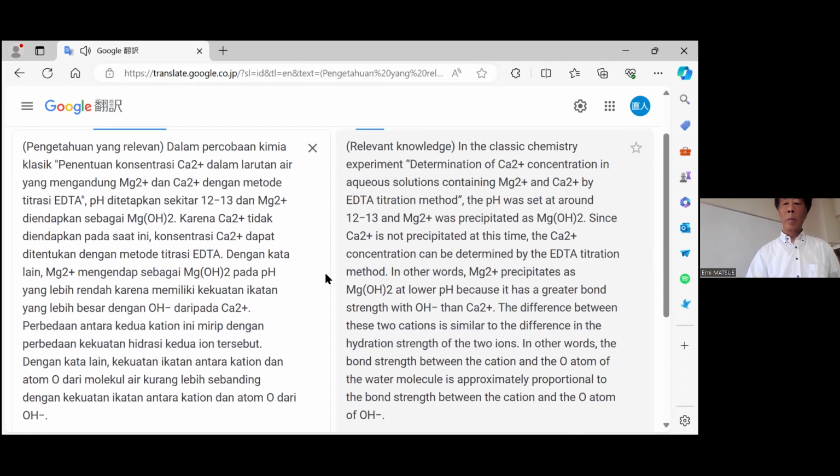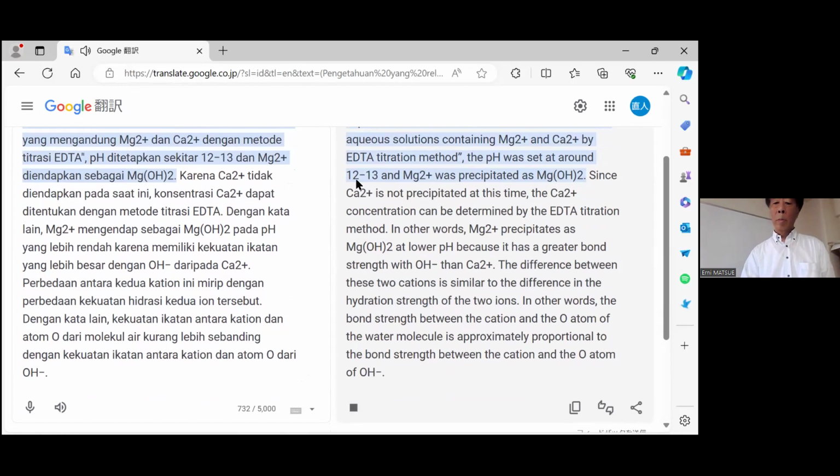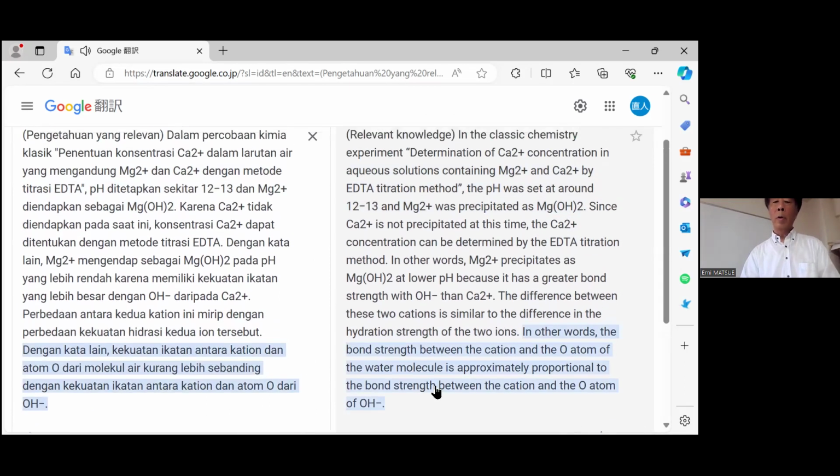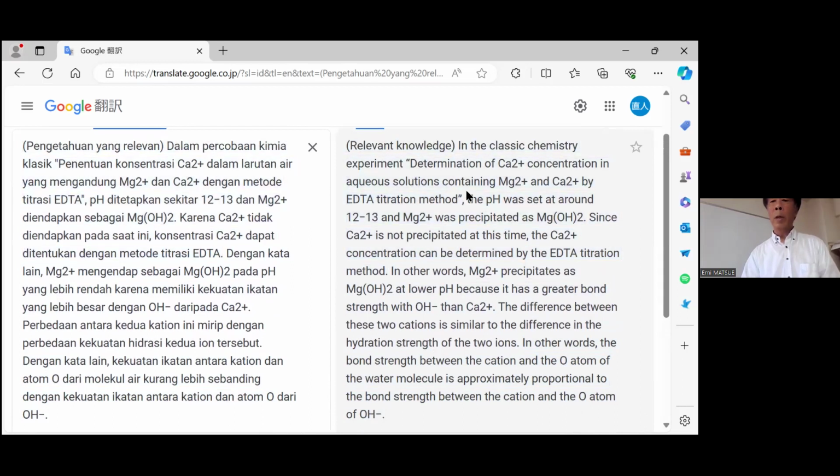Relevant knowledge: in the classic chemistry experiment, determination of Ca2+ concentration in aqueous solutions containing Mg2+ and Ca2+ by EDTA titration method. The pH was set at... Sorry, do we have this experiment using EDTA? Please answer yes or no. EDTA titration for calcium and magnesium.